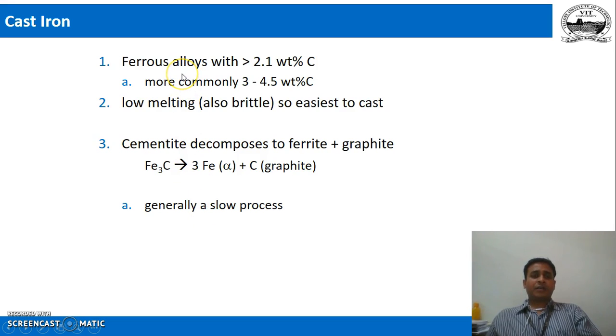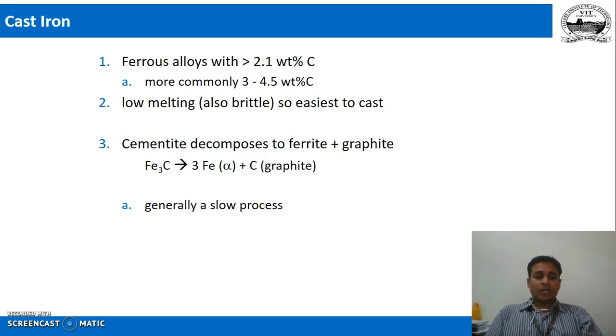Right. If you see the next part after steels, you have the cast irons. In case of cast irons, the very first important concept you have to know is, we know that in the iron carbon diagram we have cementite. So if you have a very high percentage of this cementite, as in cast iron typically, that cementite is very hard in nature and it is also a compound, it is not a solid solution.